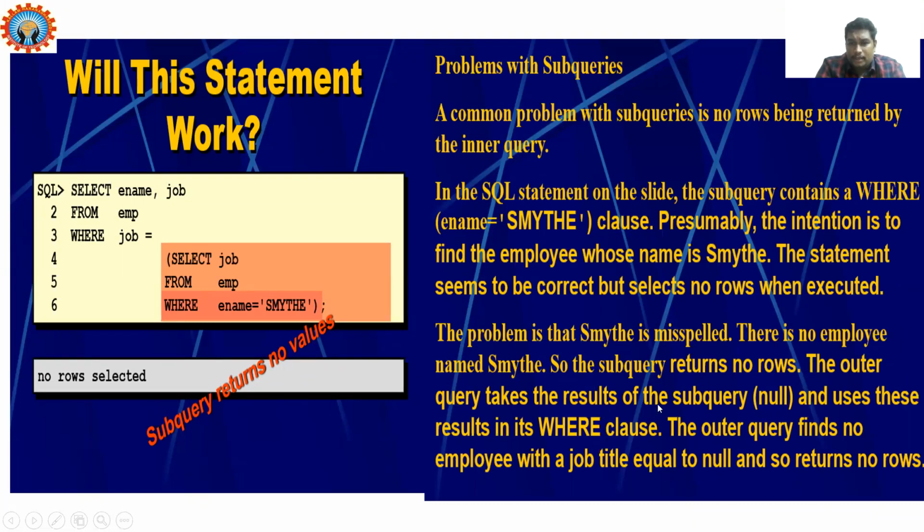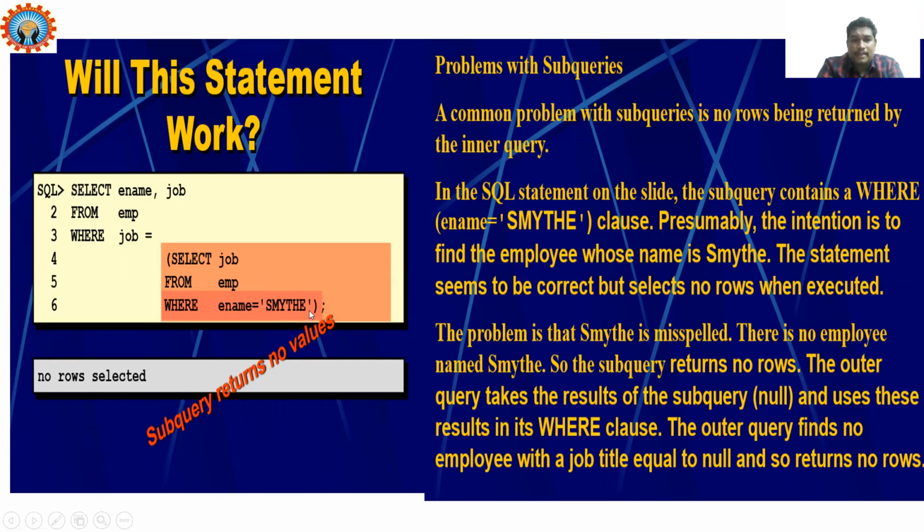The outer query takes the null result of the subquery and uses it in its WHERE clause. The outer query finds no employee with a job title equal to null and so returns no rows. Smith is a particular value, and there is no SMYTHE.